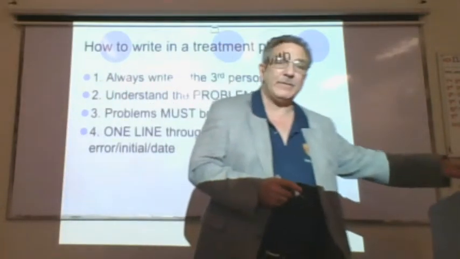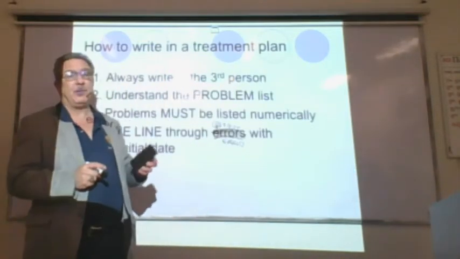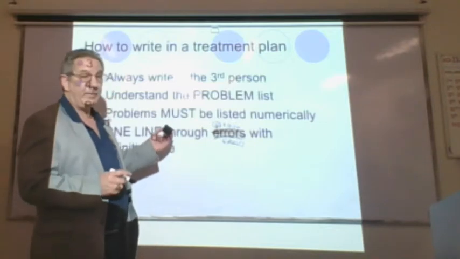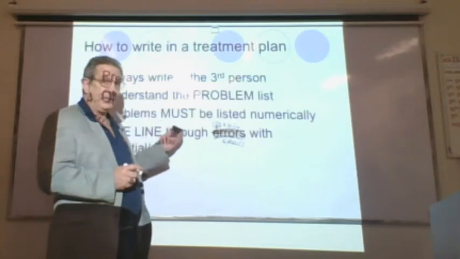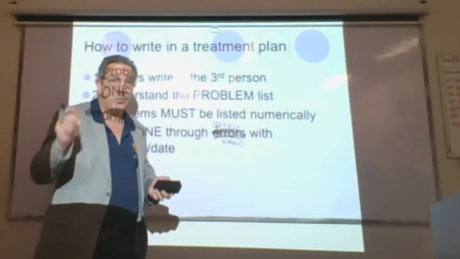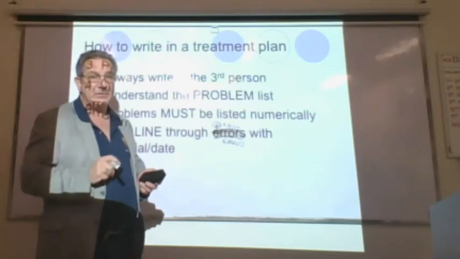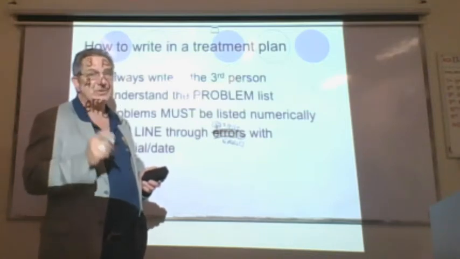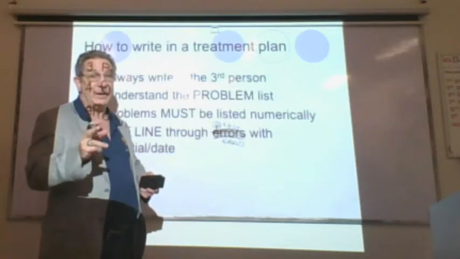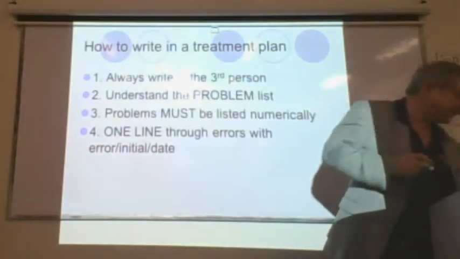The chart will be put out of compliance, and you'll have to redo the entire note. You can't pull this out of the chart once it's in there, so you need to put a note on top of the note, or a treatment plan on top of this treatment plan. So if the patient signs it once, and the patient's not back for another week, and that chart was due today, and they're not going to be back till next week, guess what you just did? You put the chart out of compliance, and it will be out of compliance, right? So please, one line through the errors.